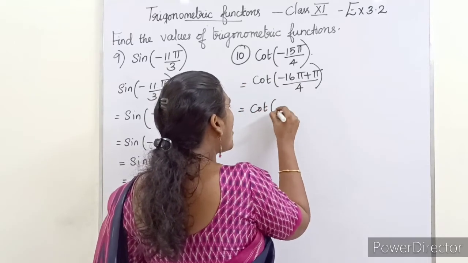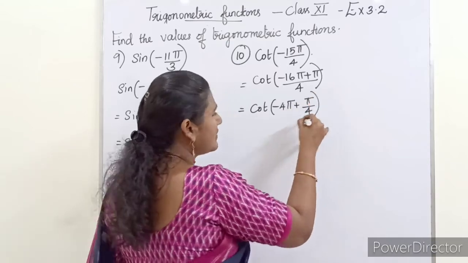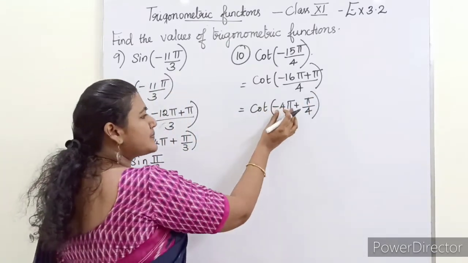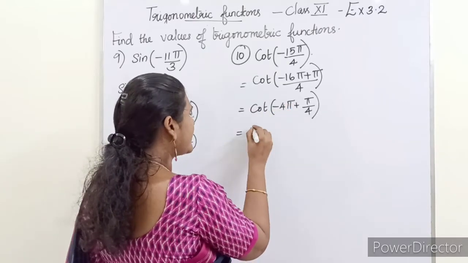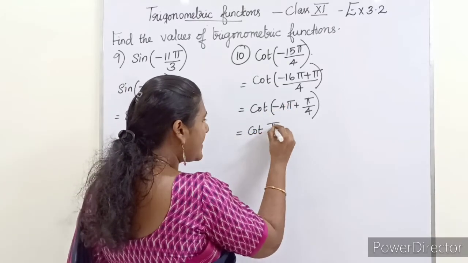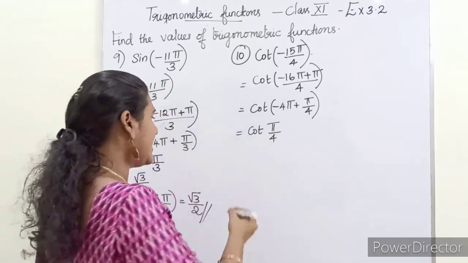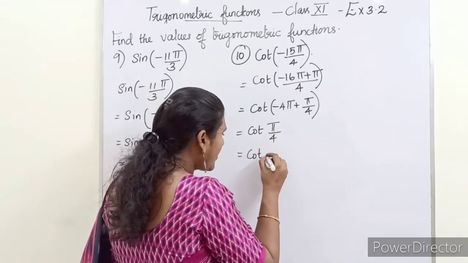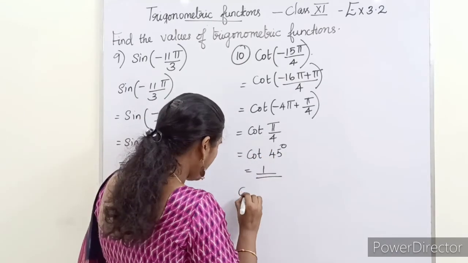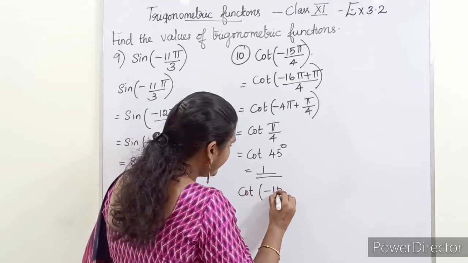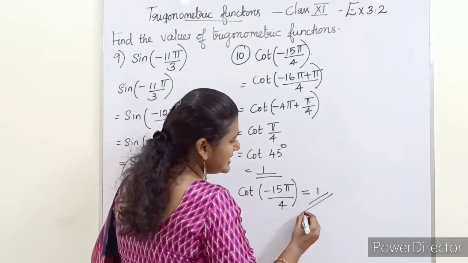So you will get cot of minus 4 pi plus pi by 4. Here this minus 4 pi is an integral multiple of 2 pi. So this is equal to cot pi by 4. Pi by 4 is 45 degree. So what is the value of cot 45 degree? Cot 45 degree is equal to 1. Therefore cot of minus 15 pi by 4 is equal to 1.